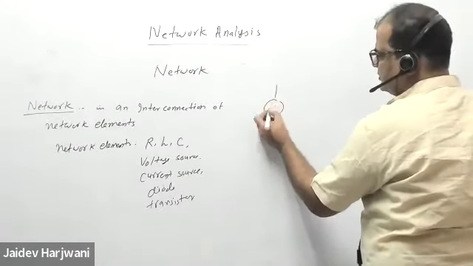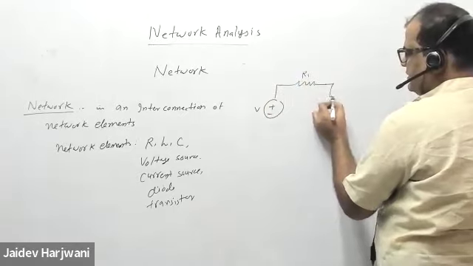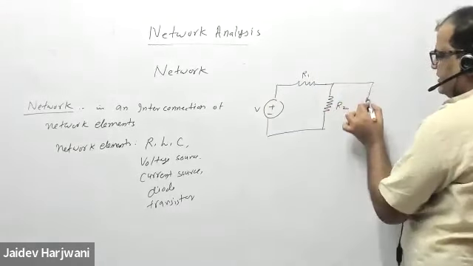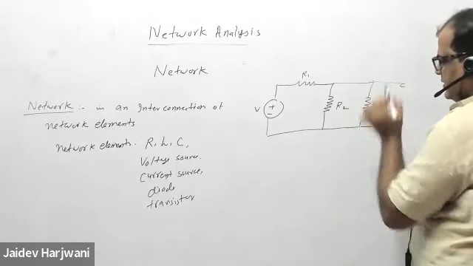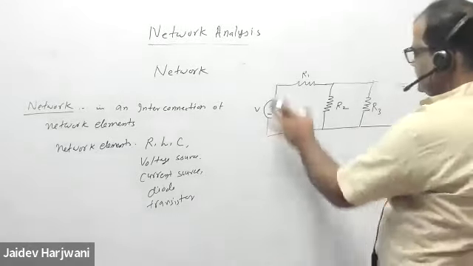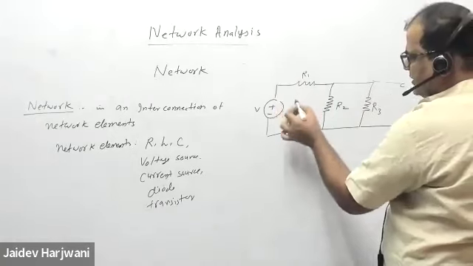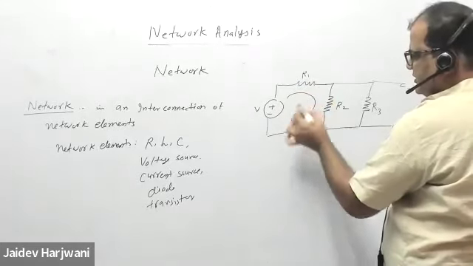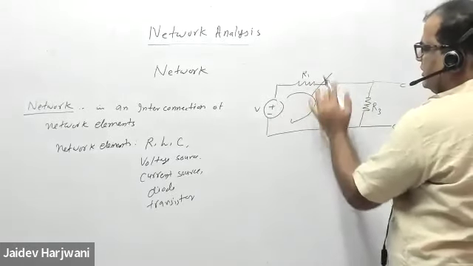Say this is my voltage source, here I have a resistance R1, R2, and then R3. In this part, this is my circuit, because this is a closed path having resistors and also an energy source. So this section of this network is called a circuit.